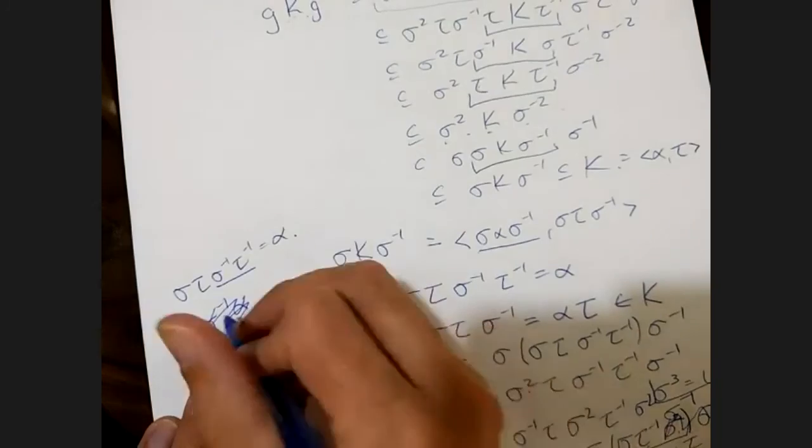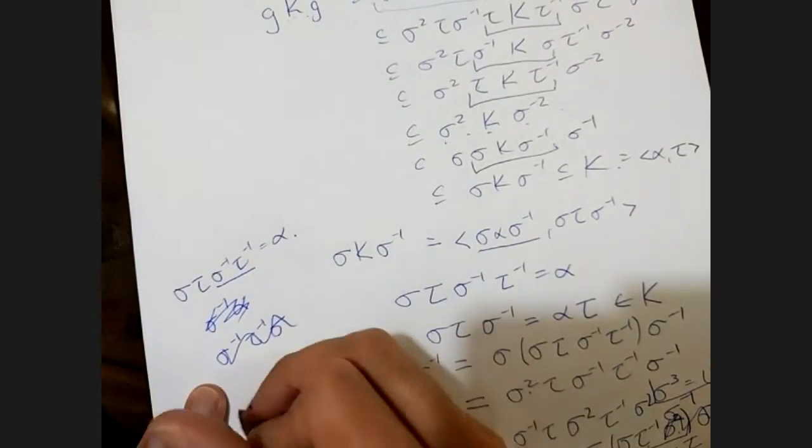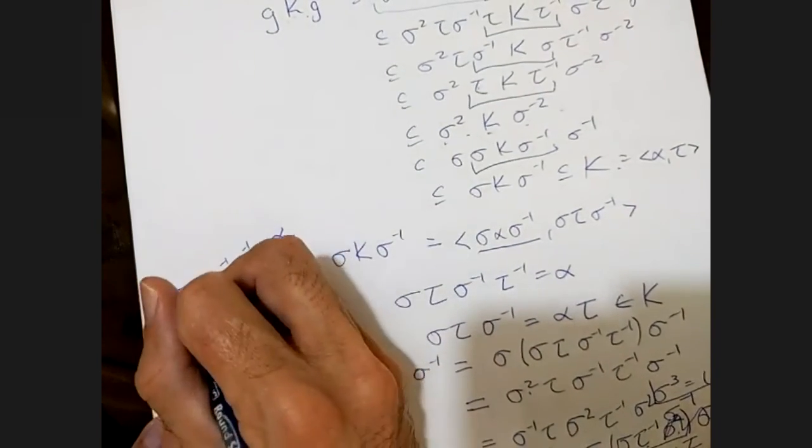If you try and relate it to this, you multiply on the left by sigma inverse and tau inverse.